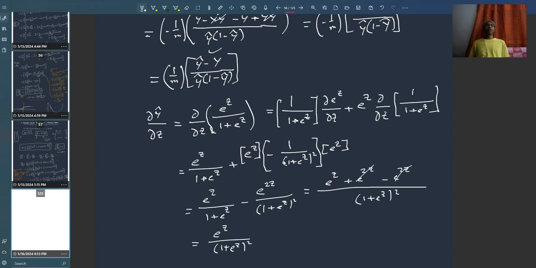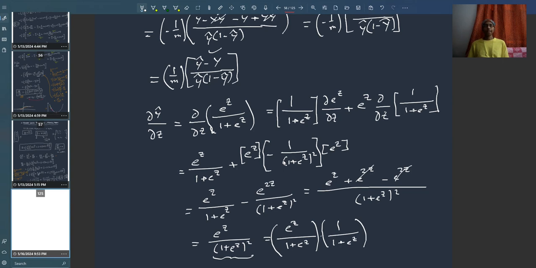Now curiously we can represent this expression in terms of y hat only. How? Let's see. e to the power z by 1 plus e to the power z whole square can be written as e to the power z by 1 plus e to the power z, and the other expression is 1 by 1 plus e to the power z.